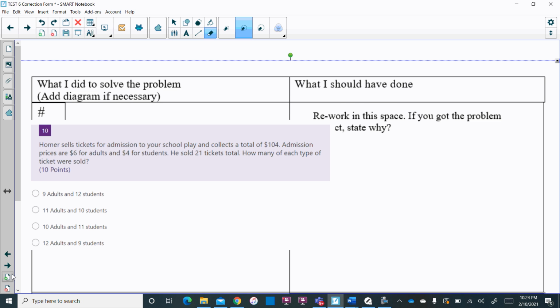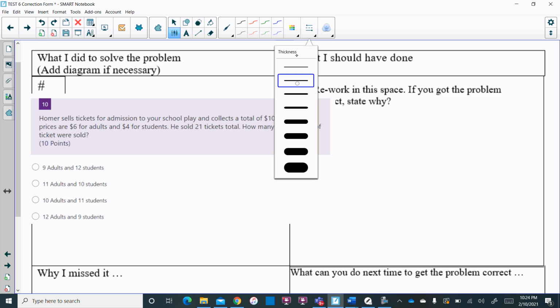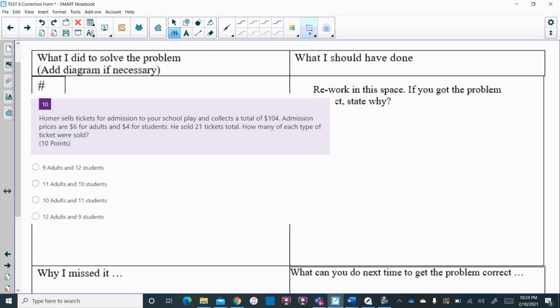And then here, now you're going to have to write one to solve it, because now they want to know how many of each tickets were sold. So the key information on this one was that they had a total of $104. Admissions is $6 for adults and $4 for students. They sold 21 tickets.